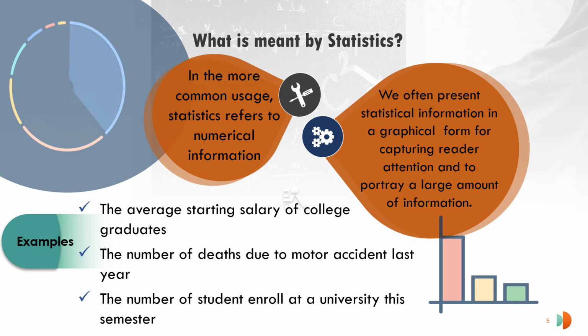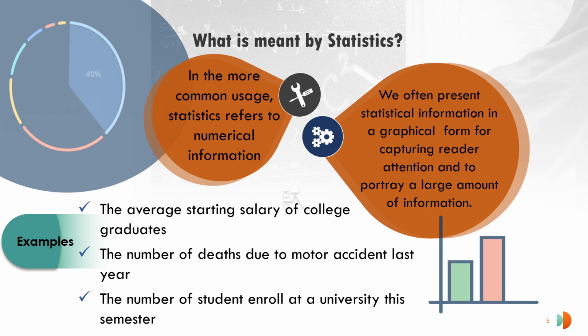As an example, the average starting salary of college graduates. Suppose we do some research because we want to know what our university graduates get when they have their first job. Based on our research, on average, our graduates managed to get 3,000 ringgit.